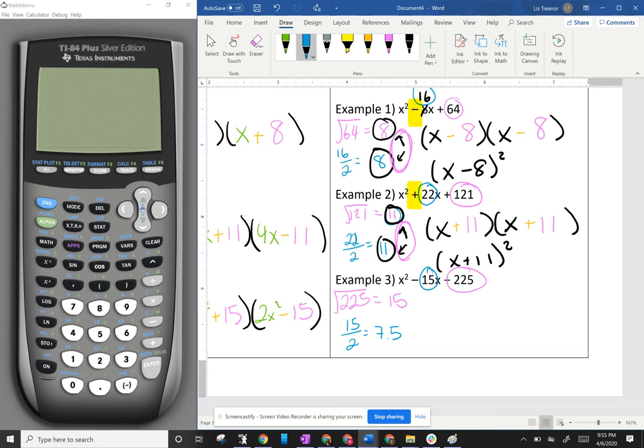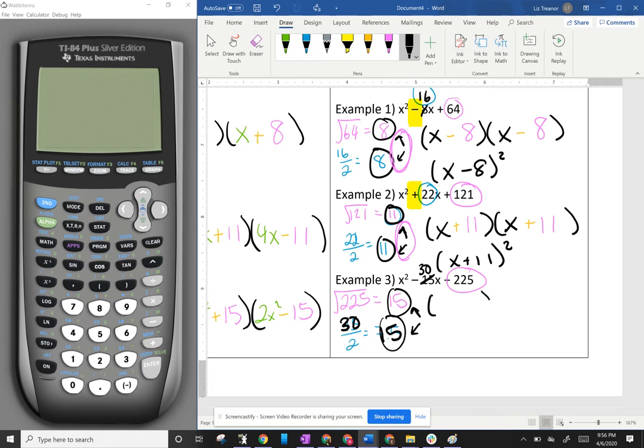And these numbers are not equal, which means this is not a perfect square trinomial. This b term instead would have to be 30, because then you would get 30 divided by 2, which is 15. And now these numbers are equal.